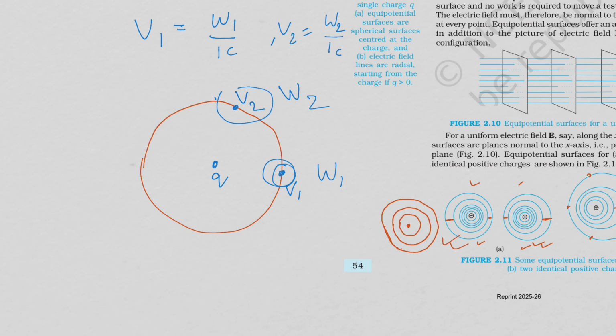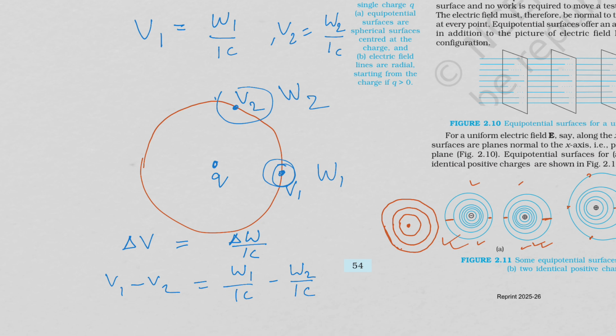Then we can say that W1 by 1 coulomb minus W2 by 1 coulomb is equal to V1 minus V2, the change of potential, which is delta V, and our work done difference will be delta W by 1 coulomb, or let's say it is delta W now.